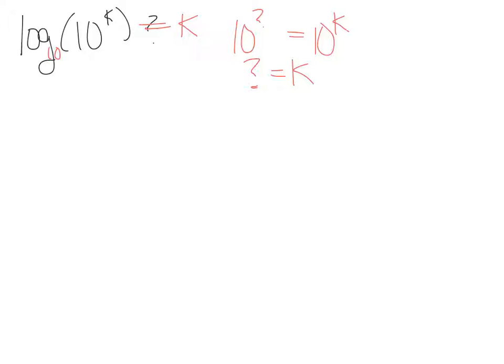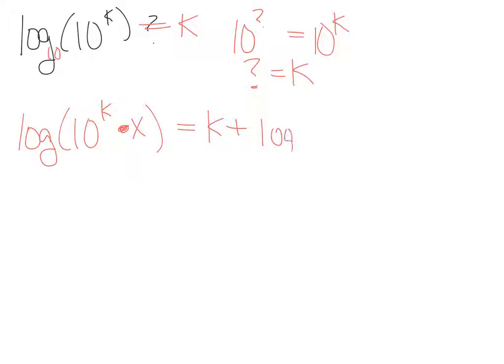What is another way we can write the formula? Log 10 to the k times x equals, that's a times. We've been writing it like this, but what else can we say? How else can we write it? Well, we can say that this is equal to log 10 to the k plus log x.